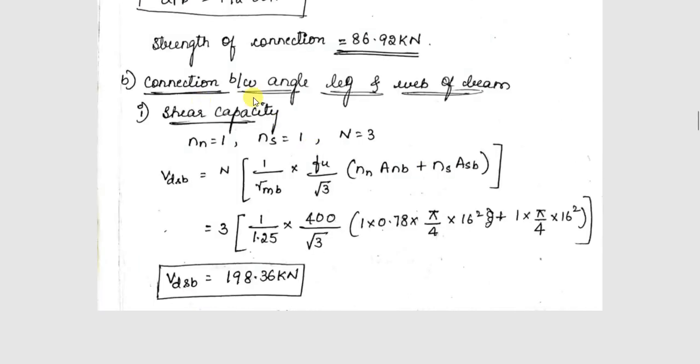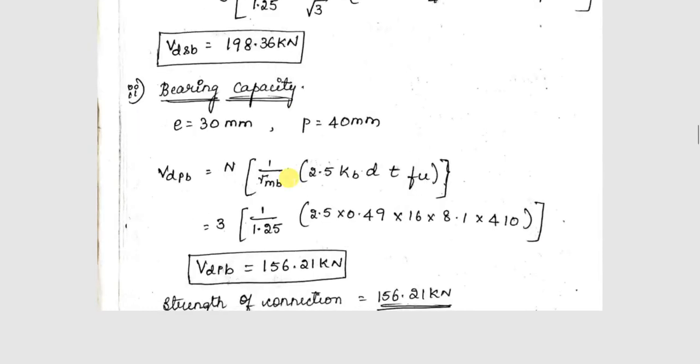So for the connection between angle leg and web of beam, first we will be calculating shear capacity. As we are dealing with 3 thicknesses, it will act as a double cover butt joint, and the number of bolts used here is 3. So shear capacity will be 198.36 kilonewton. Now bearing capacity.